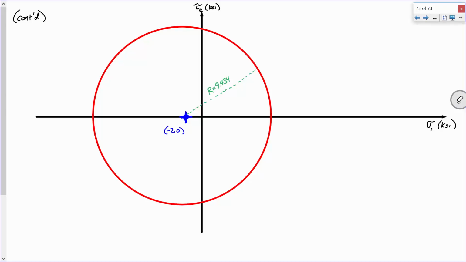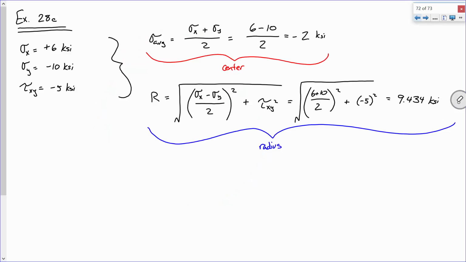That's a good question. I'm placing it on the x-axis. I'm saying that for Mohr circle, the y-coordinate is always going to be 0. Did I answer your question? That's important because I want to make sure that you get that. It's always on the x-axis.